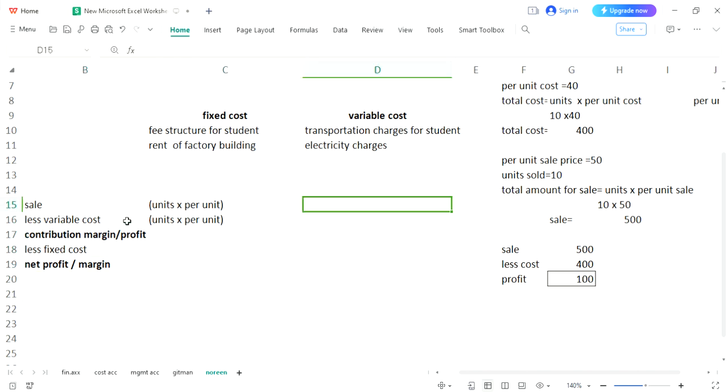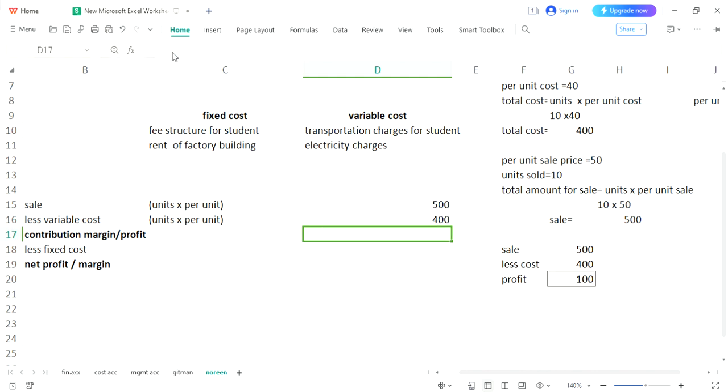And what we have done: 500 was your total revenue, 400 was your total cost, and this way you earned a profit. How much profit did you earn? That was 100. So the profit you earned is 100 rupees, which you will write over here.